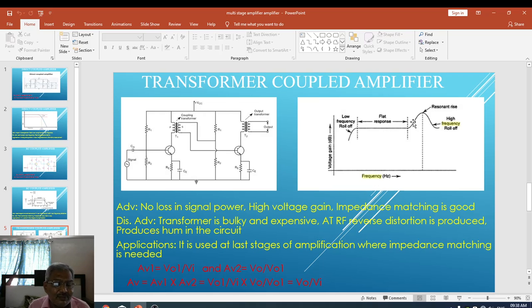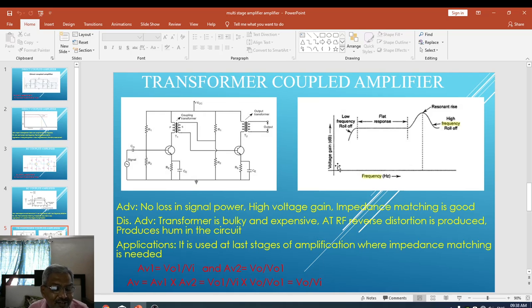So why does this happen? At low frequency, the reactance of the transformer winding decreases, reducing the gain. Here the low frequency reactance of the transformer is less, hence the gain is less.